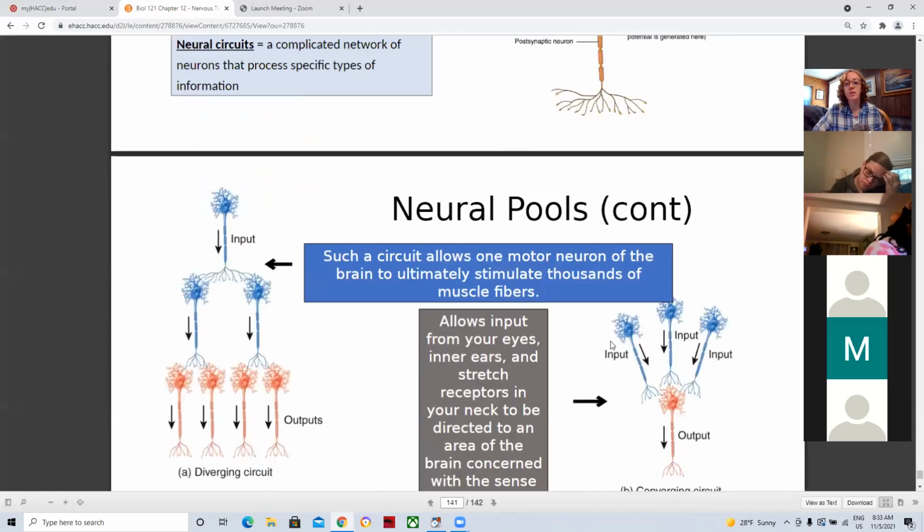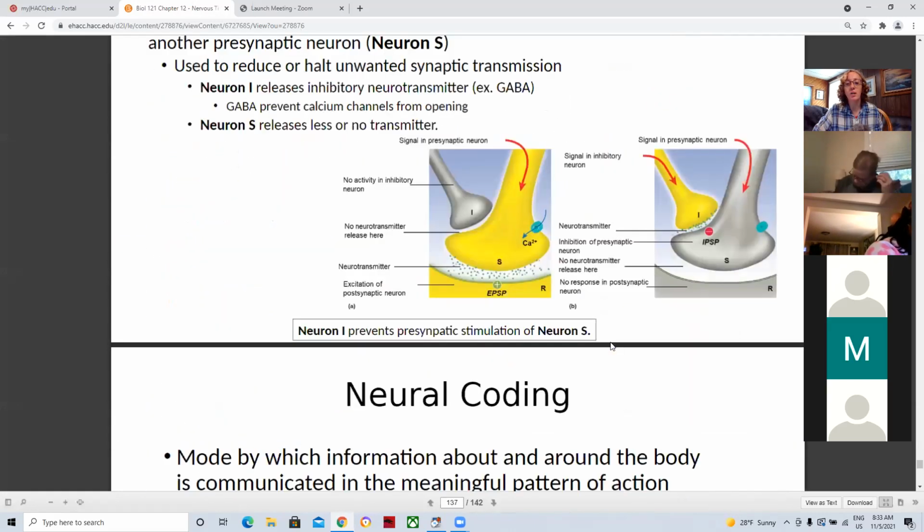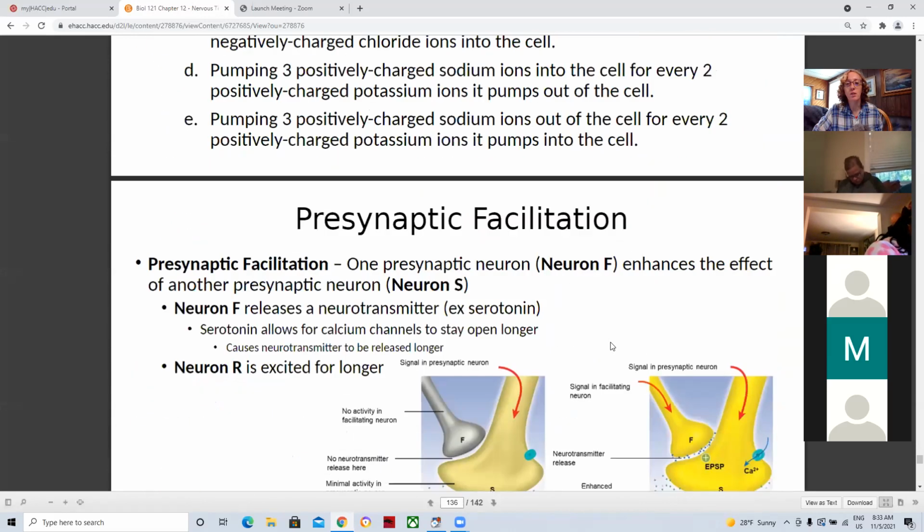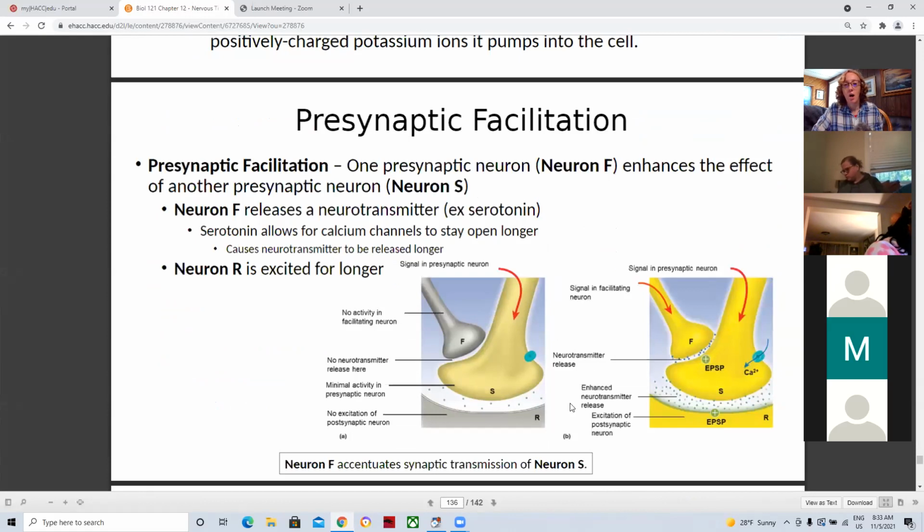So I think we're about right here. So we talked about synapses before. We talked about neurotransmitters. We talked about how they can be excitatory and inhibitory.